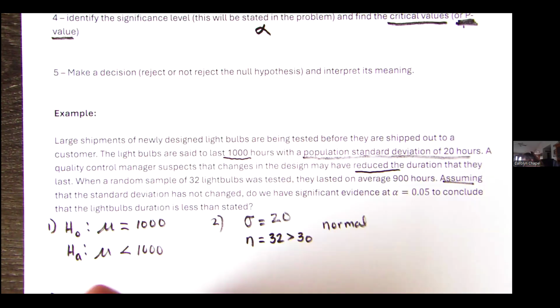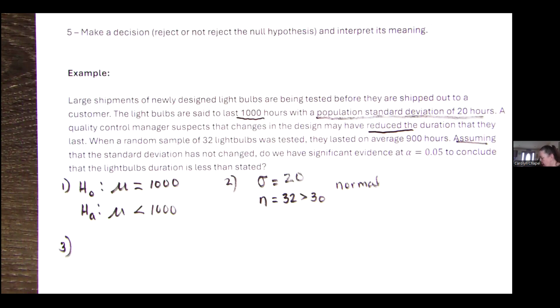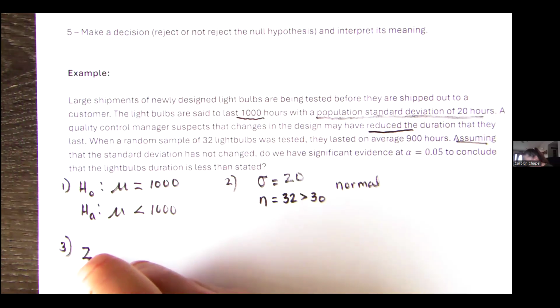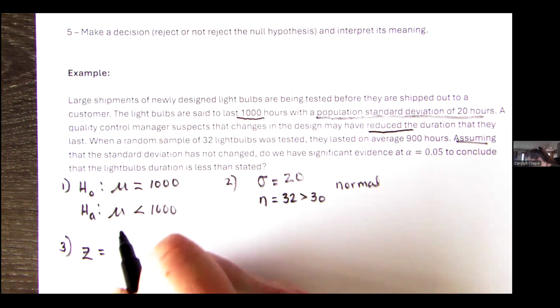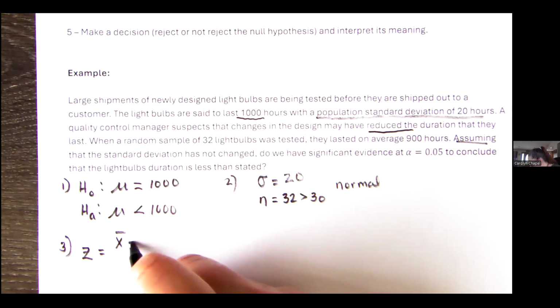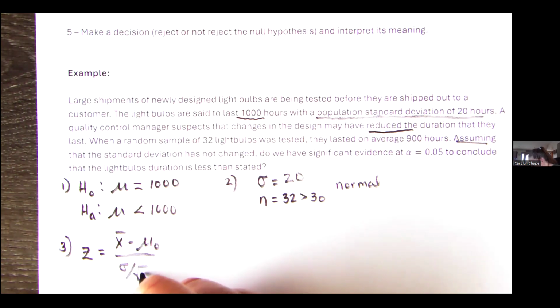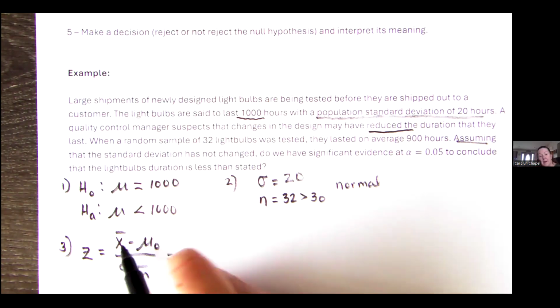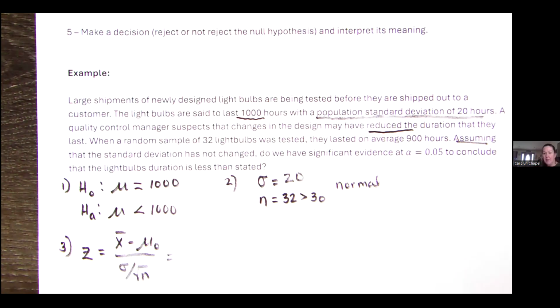Okay, step 3 is to calculate that test statistic. And we will be looking at a z. So going back up to my formula, x bar minus mu 0 all over sigma over the square root of n. My x bar, that is the sample average.